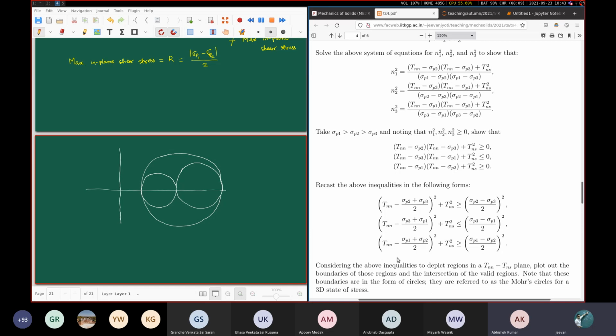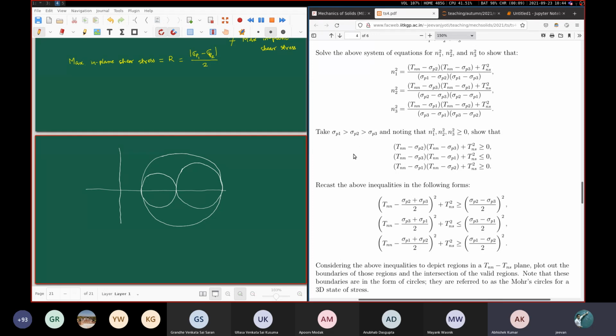Right, this is what I wanted. So you check with these things. You see there are three circles. These inequalities are actually representing areas which are within the circle and outside the circle. You also note that these equations of the circles are written in terms of the principal stresses. These sigma P1, sigma P2 and sigma P3 are the three principal stresses.